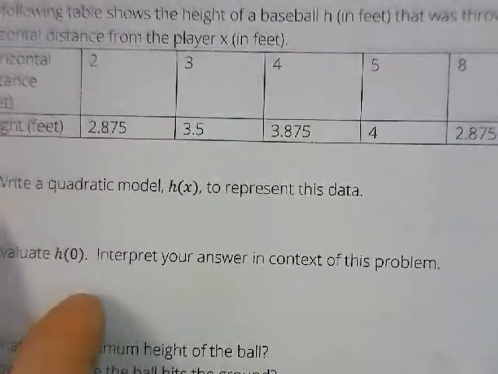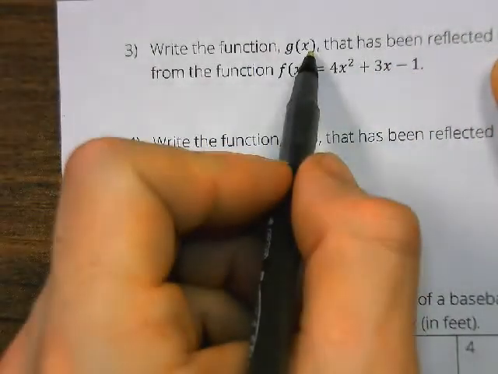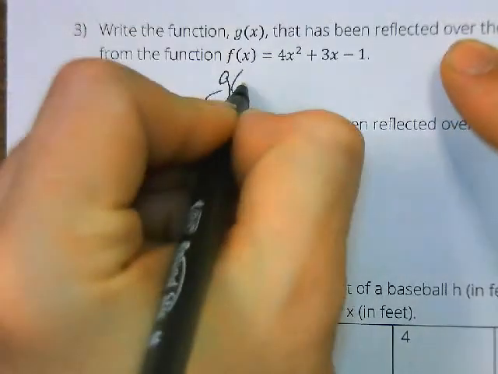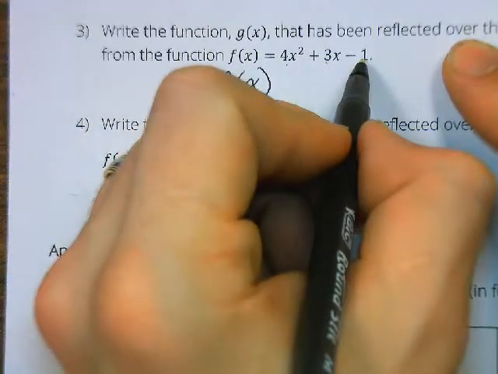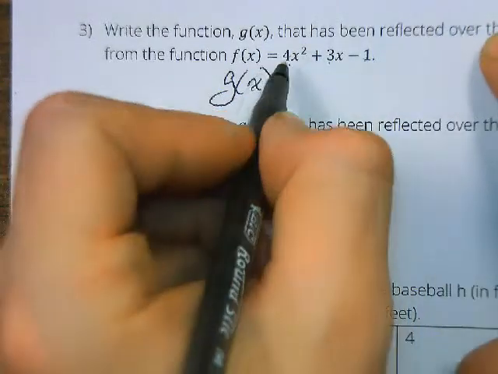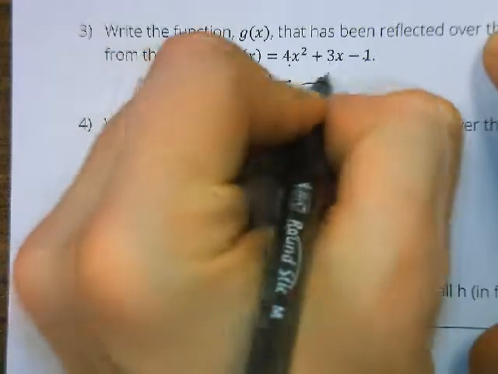The first thing they ask us is it's been reflected over the x-axis. So g of x will be opposite of all of these signs. If it's been reflected over the x-axis, it means that all of my outside signs will change. So negative 4x squared minus 3x plus 1.